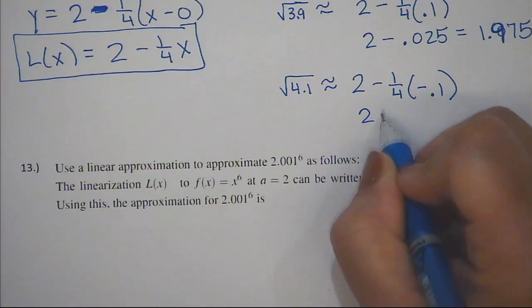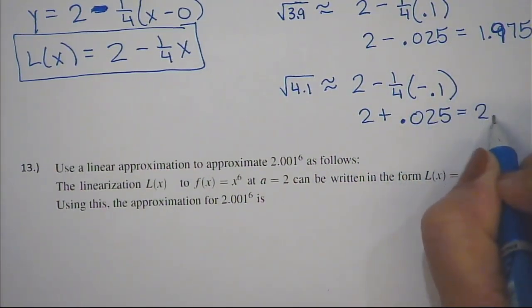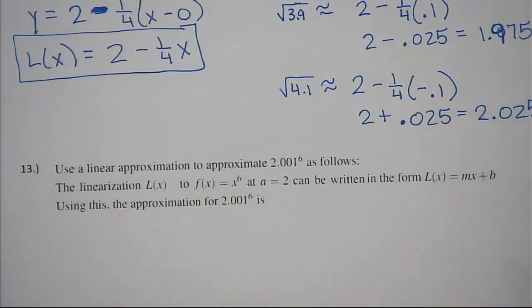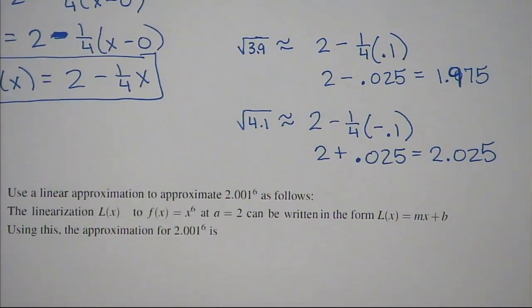So that's going to make that positive. Okay, so those are your approximations. If you do the actual values, they'll be very close to that. Okay, so my only concern with linearization is that you're plugging in the right number into the formula. That's kind of the key to that one.